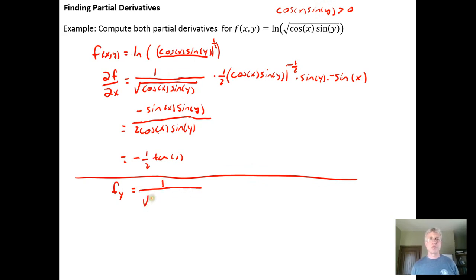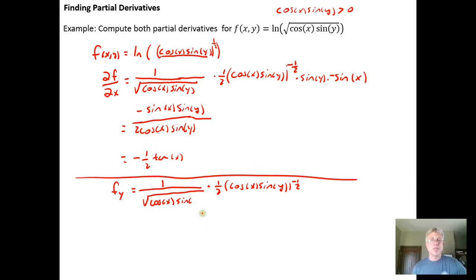So it's just going to be 1 over the square root of cosine x sine x times, now we need to use the chain rule, so the derivative of the square root stuff on the inside of the natural log function, so the 1/2 is going to come down, times cosine x sine y, and this is going to be to the negative 1/2. So again, we'll bring this down to make the exponent positive, which will give us a square root times the square root.